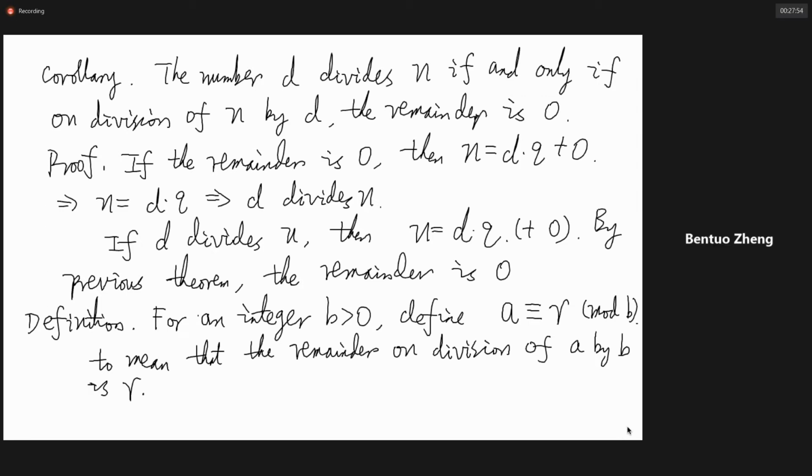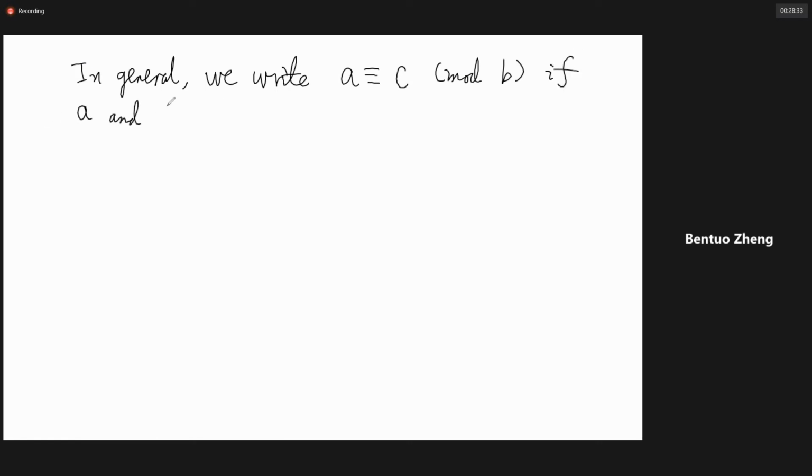Okay, so a general notation for this is, in general, we write, say, a equal to c mod b if a and c have the same remainder when divided by b.